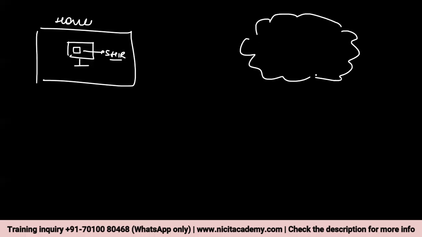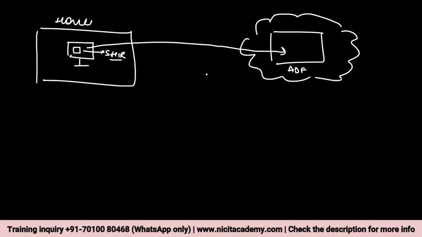Obviously, it's not a cloud, it's a physical location where the data center is, but let's assume it's cloud. Here I have my ADF and I want to access data from my on-premises environment into my ADF. So this connection of home and cloud is made possible by SHIR.